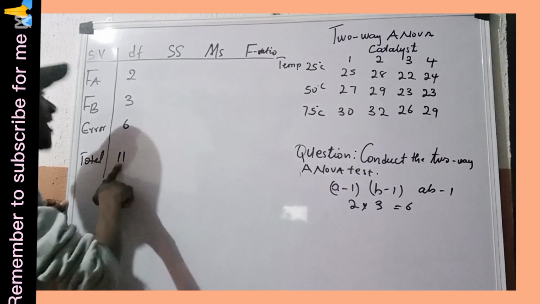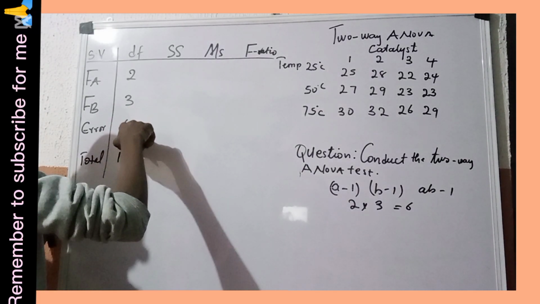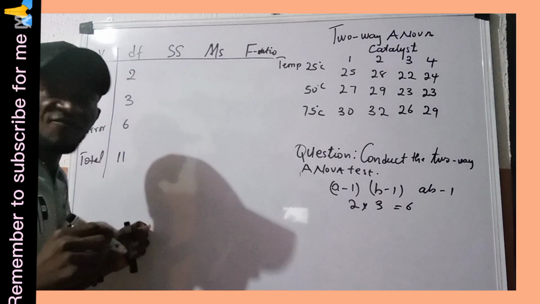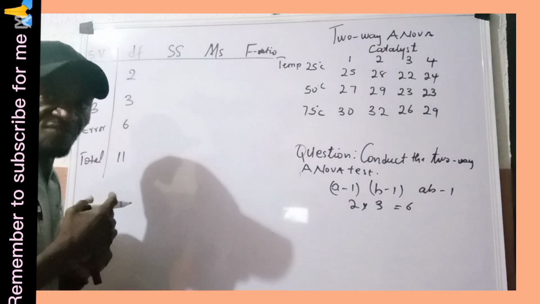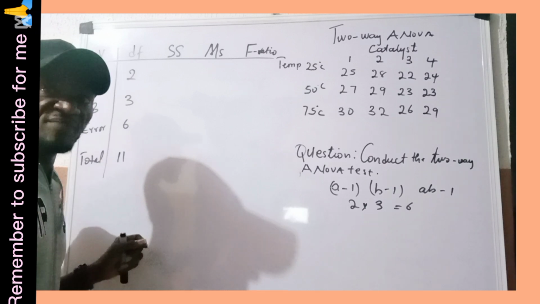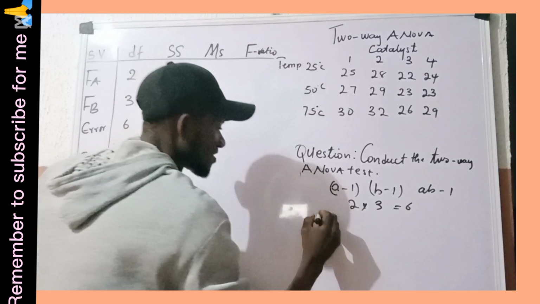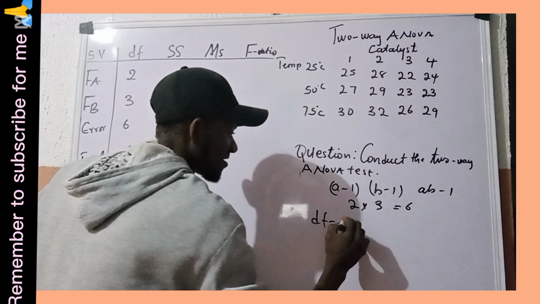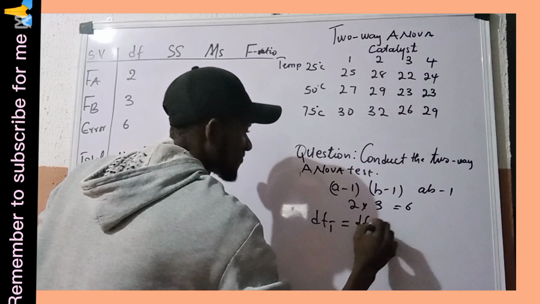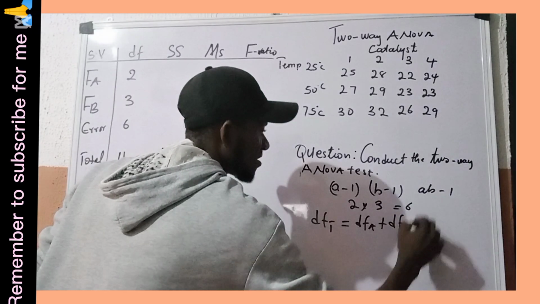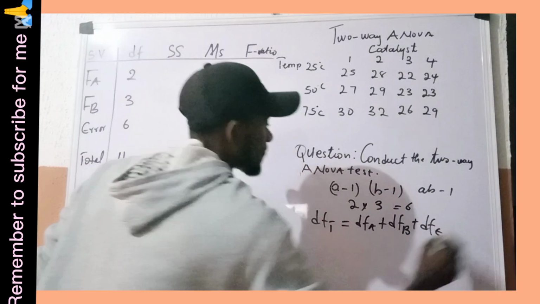And I said it yesterday while we were having the introductory class that oftentimes we are given the degree of freedom for total. We might be given that of error. We might be given that of factor A, and we are required to find that of factor B. If it happens that way, you remember what we told ourselves yesterday, that DF of total is equal to DF of A, plus DF of B, plus DF of error.